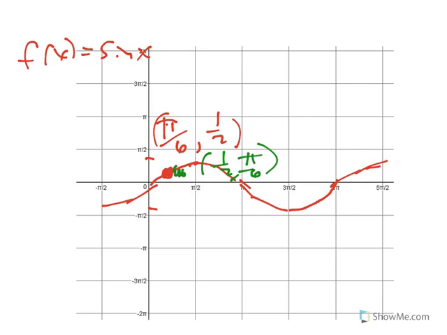Now, if I drew the entire inverse, if I did that for every point, what we'd end up with is something like this. That green thing. If I took every point on this red curve and switched the x and y coordinates, this thing would be symmetrical around the y equals x line.